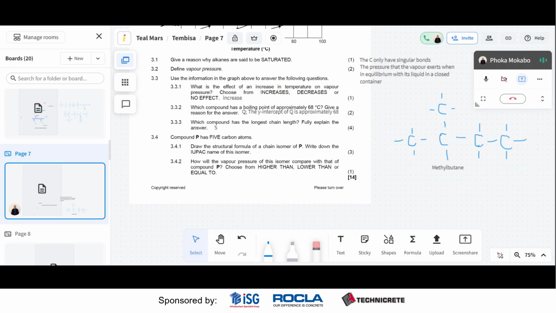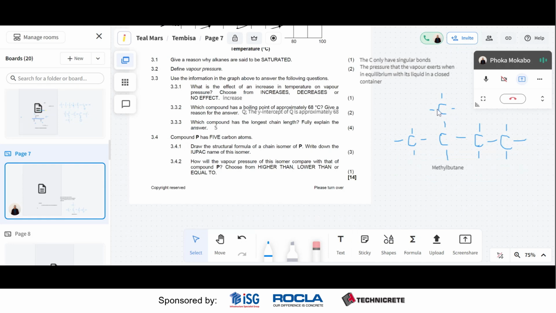Position 2 would be the position name of this branch, but I don't write it down. And that is due to something called redundancy in naming your compound. What do I mean by that? Believe it or not, there's only one actual way to achieve methyl butane, and that would be with the carbon being in position 2. Anything else would give you a different compound altogether.